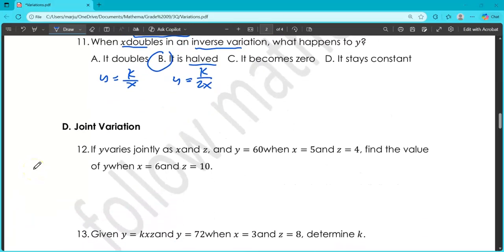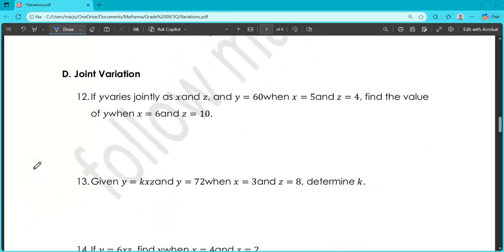Let's do letter D, joint variation. Remember our joint variation is y equals k x z. It says, if y varies jointly as x and z, and y equals 60 when x equals 5 and z equals 4, find the value of y when x equals 6 and z equals 10. First, we need to find our constant.